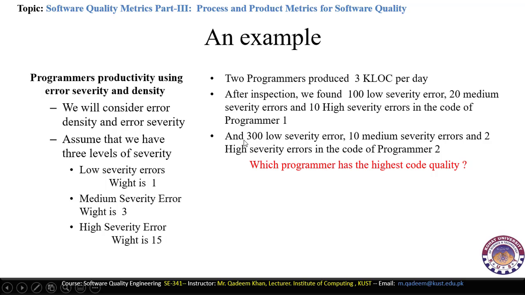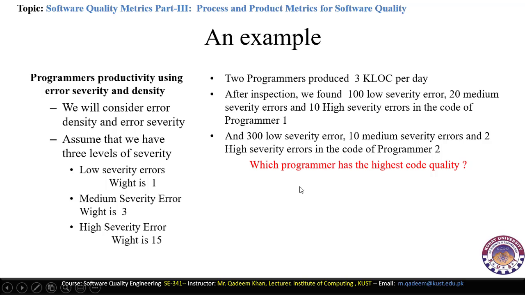Another programmer has 300 low severity errors, 10 medium severity errors and 2 high severity errors in the code of programmer 2. Now, if I ask you which programmer has the highest quality code, meaning which of the two has performed good coding, how will you identify that?